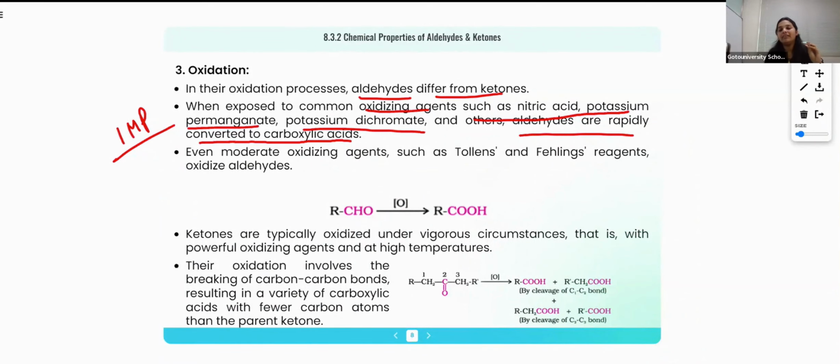I told you, whenever they ask about the oxidizing agent, the first thing that should come to your mind is potassium permanganate and potassium dichromate, KMnO4 and K2Cr2O7. Understood? So when you are using a normal oxidizing agent like potassium permanganate, the aldehydes will convert into carboxylic acid.